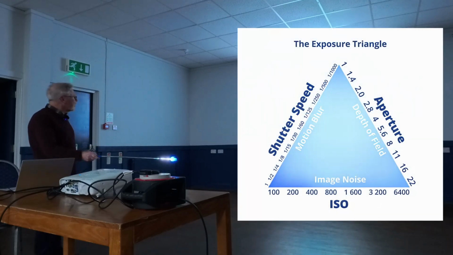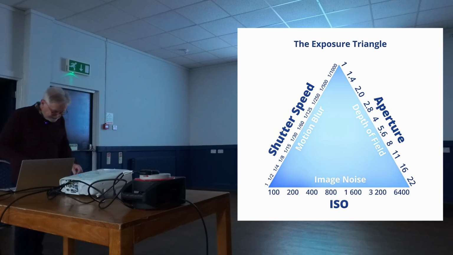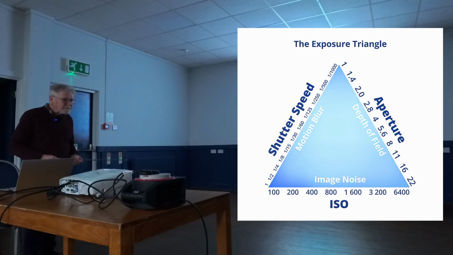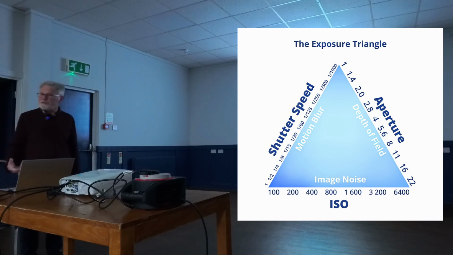you've got 3. So you've got your ISO. Now, what does ISO stand for? It's International Standards Organisation. Now, way back in the film days, in 1960, everyone's film doubled in speed, because what the International Standards Organisation did was decide to use a different method of quantifying the film speed.